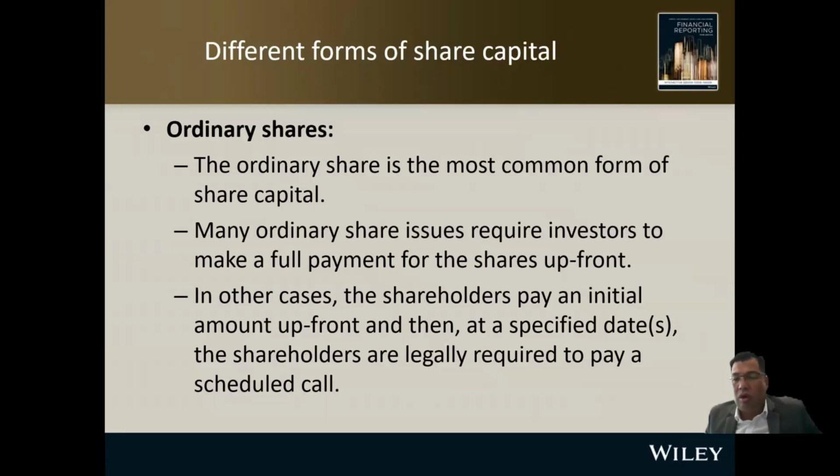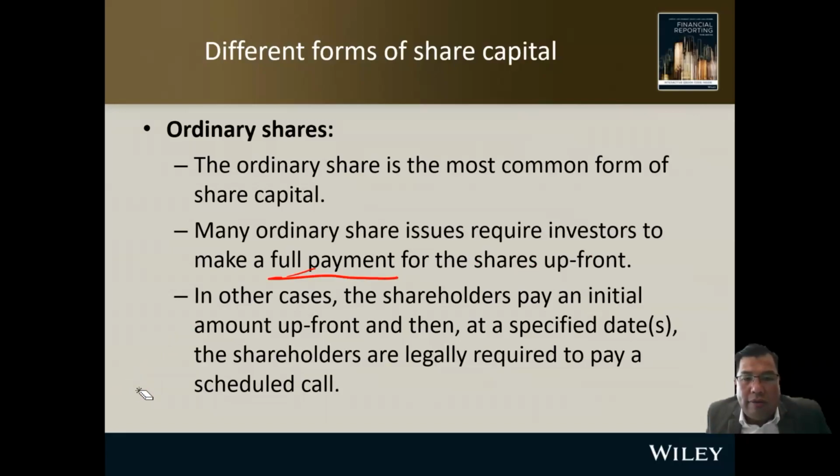In the US, they call it common shares, common stock. Ordinary share is the most common form of share capital. Many ordinary share issues require investors to make full payment. If you want to buy the shares, you must make the full payment for the shares upfront.